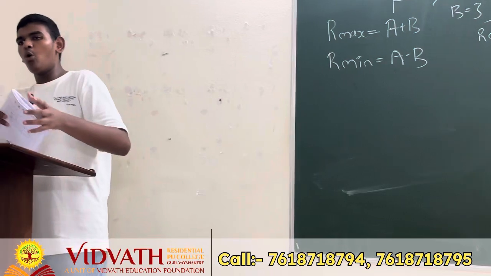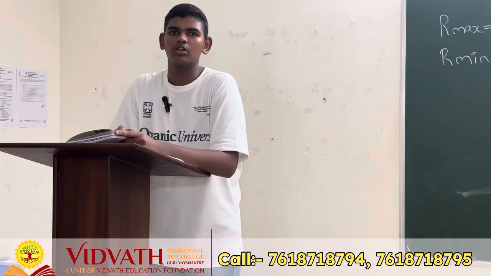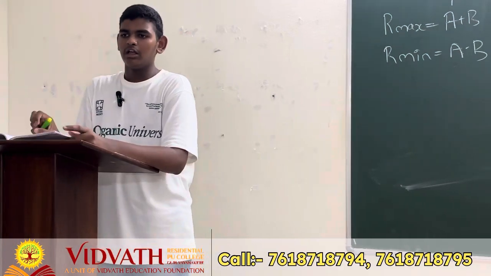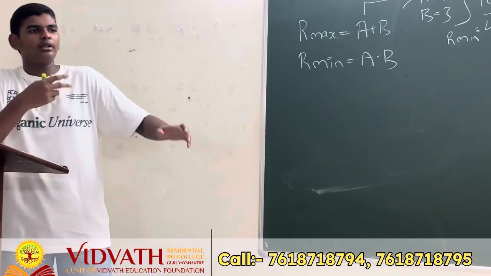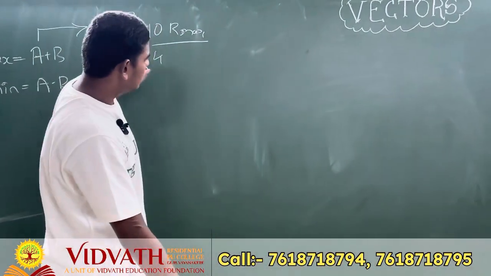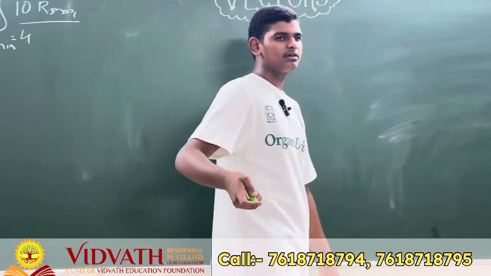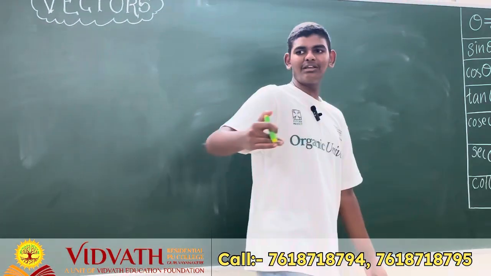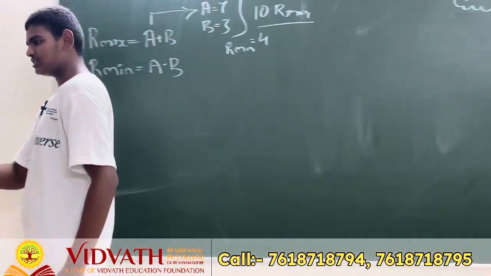Who is confident that they will solve the second question just after I solve the first one? I solve one completely, and the other question should be solved by you. Excellent, great.